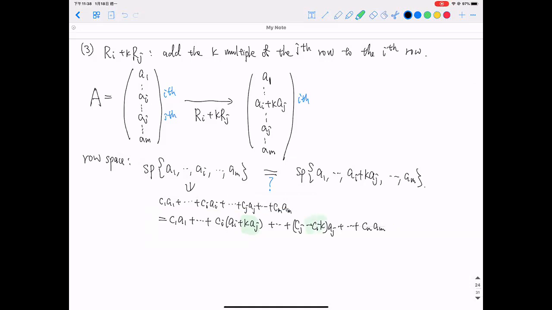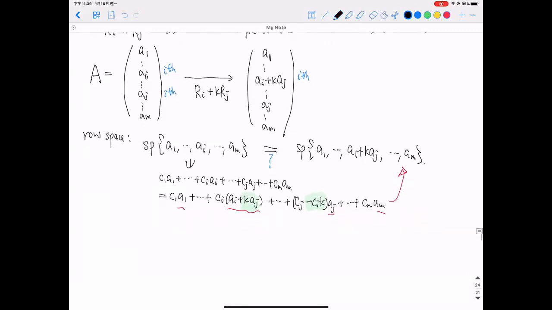So I subtract it here. In doing this, I didn't change the expression, but now I make this expression a linear combination of A1 through Am, except for the ith vector I use Ai plus k Aj. So that now belongs to here.